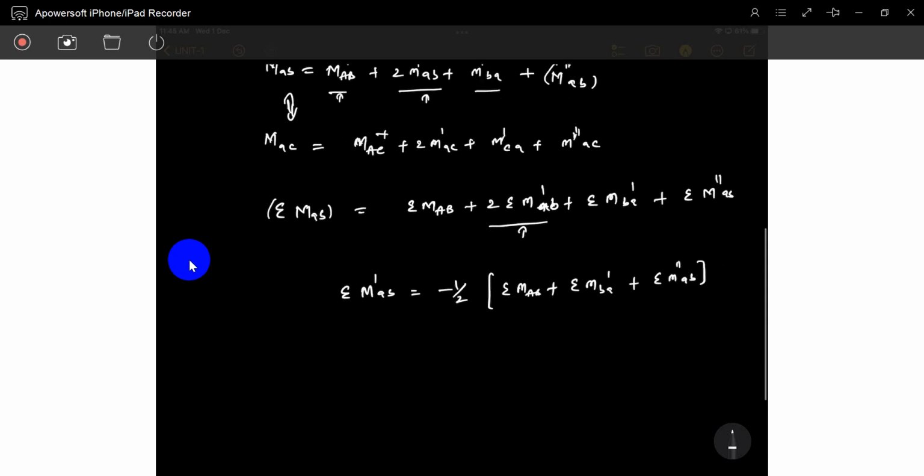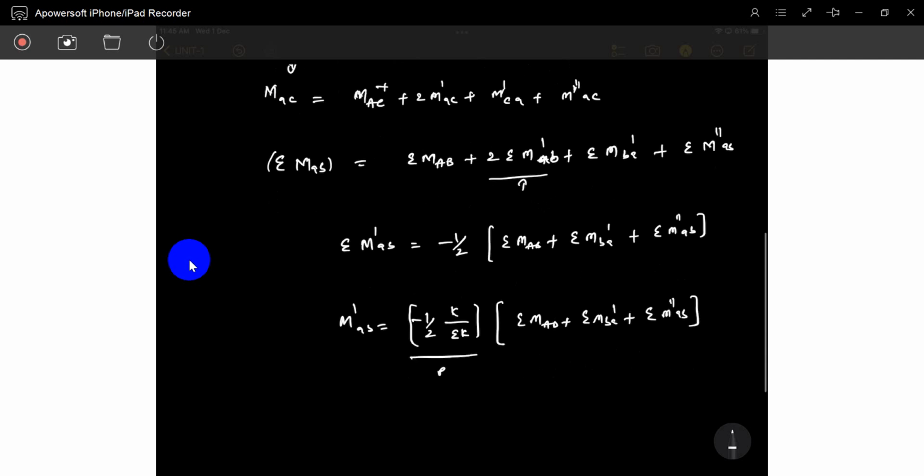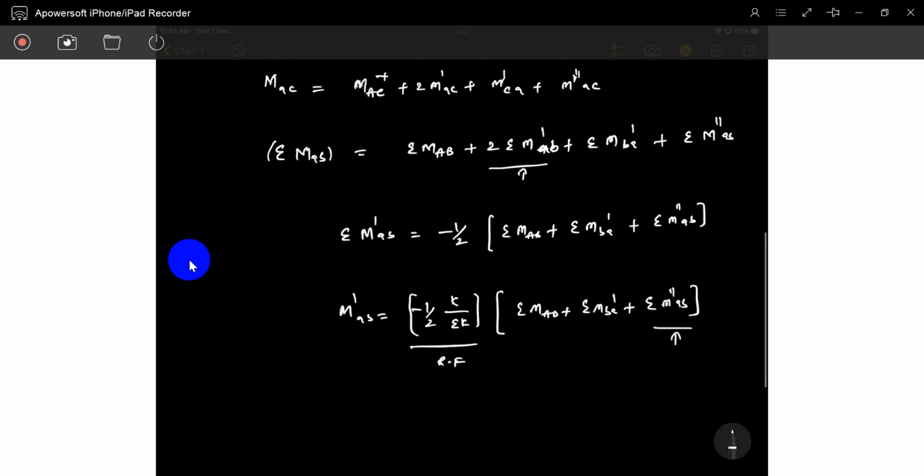So later, just by the stiffness, you write MAB is minus 1 by 2 K by sigma K times MAP plus MBA. This is RF. You already know everything. Just added this translational contribution at the joint.